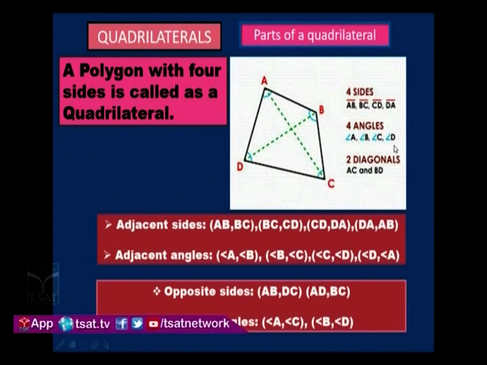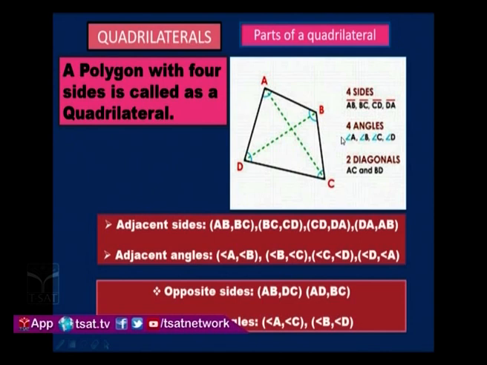Next, this dotted line segment joining the opposite vertices is called a diagonal. How many diagonals do we have in the figure? For a quadrilateral, we have two diagonals, AC and BD. There are four sides, four angles and two diagonals in the quadrilateral.